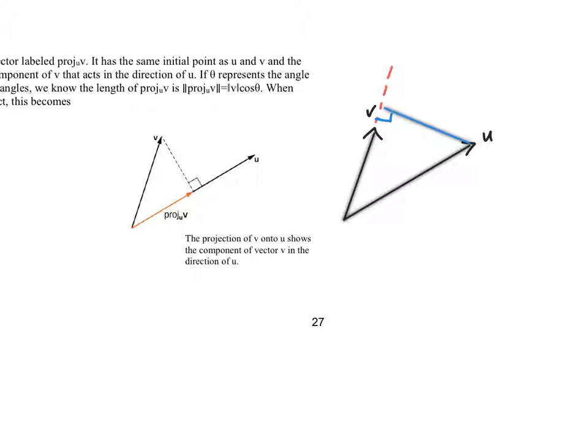This whole segment going from here to here, so it's beyond what V is actually doing. What I'm getting is the projection of U upon V.